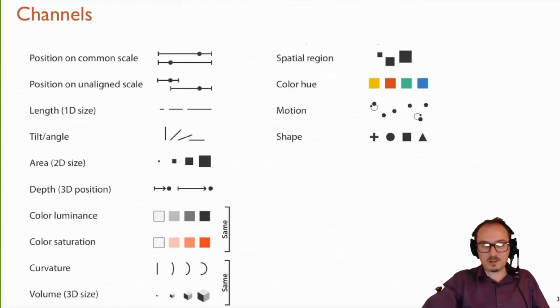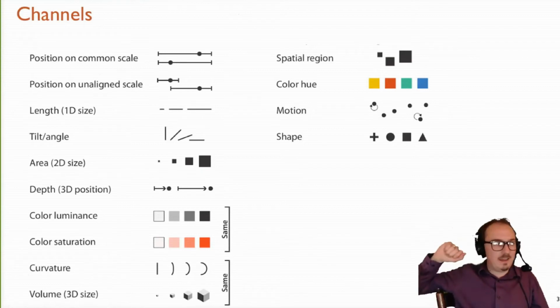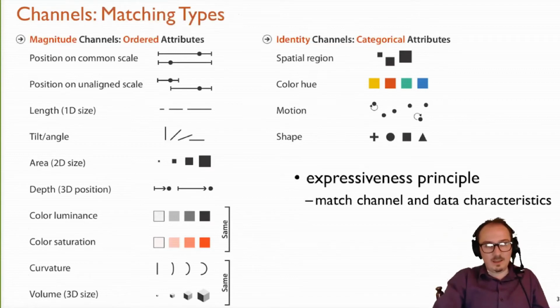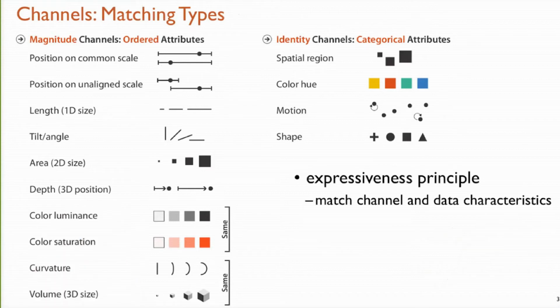This one here is sort of the mother of all slides, again from Tamara Munzner, and it lays out the different channels. On the left, over here, you've got the channels that work well with magnitude or ordered attributes. So ordered or quantitative attributes, these work extremely well.